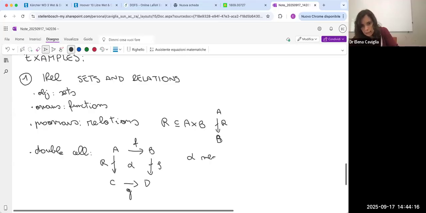Alpha means that f cross g of R is contained in S.